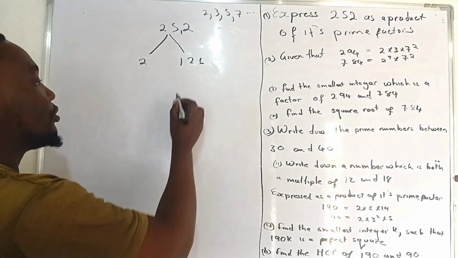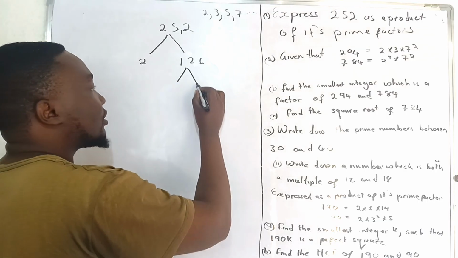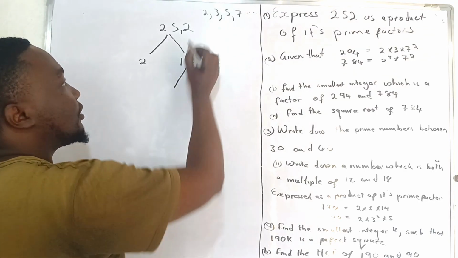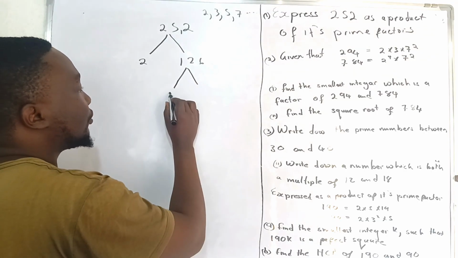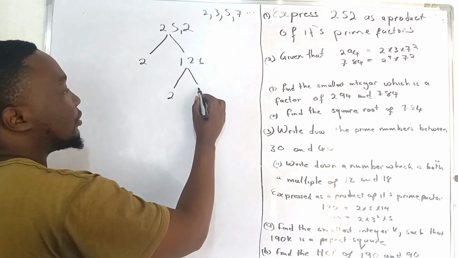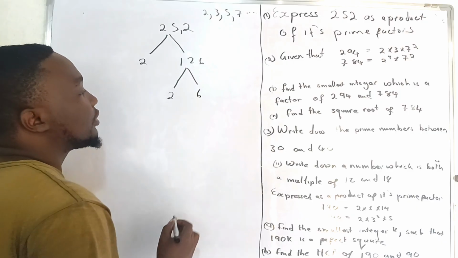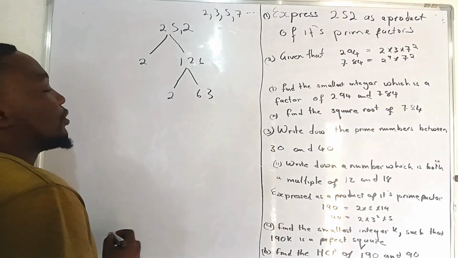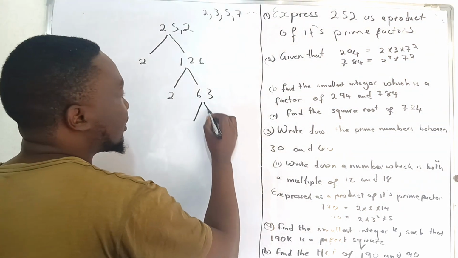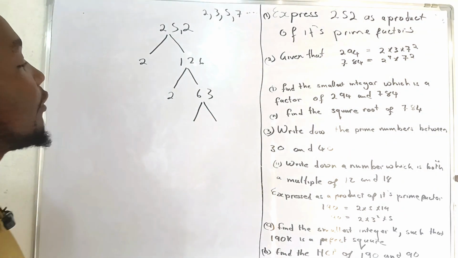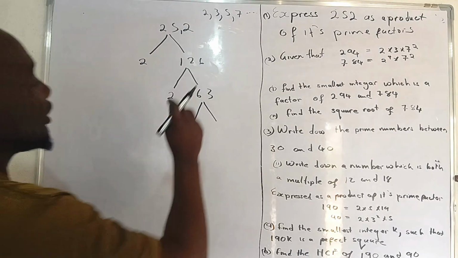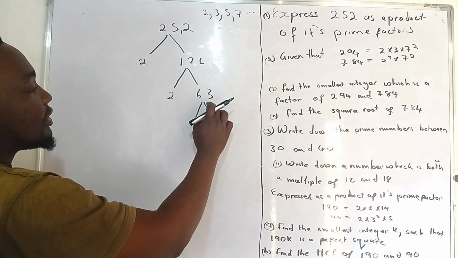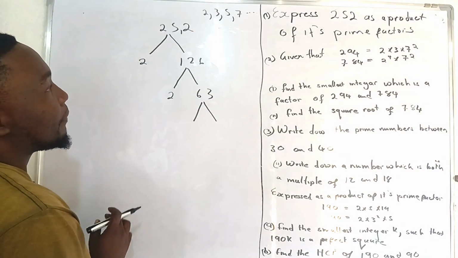So we move on, we put our branches, we divide again by 2, 2 into that, 6, and 2 into that, 3. Again, we put our branches here. Can 2 enter into this? It can't, it leaves a remainder.